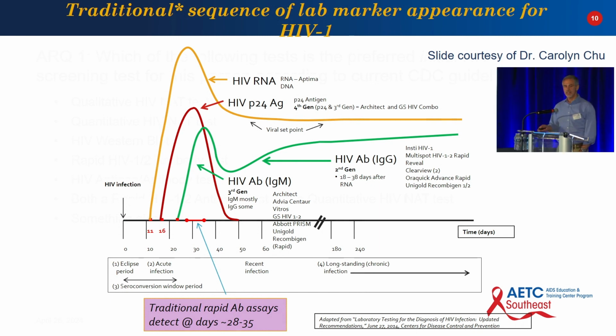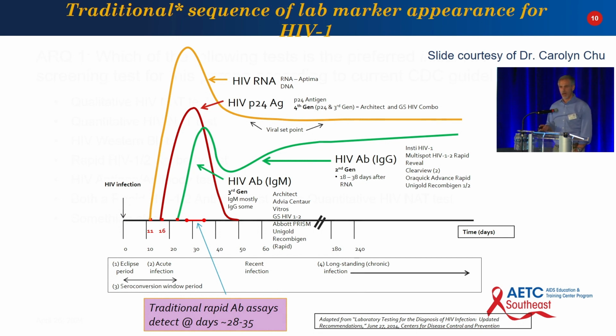As you can see here, the first serologic marker to appear after HIV infection is the HIV RNA, which is commonly known as the viral load. That usually appears around 7 to 14 days after the initial infection, and that's followed closely by the P24 antigen, which shows up around 14 to 21 days.